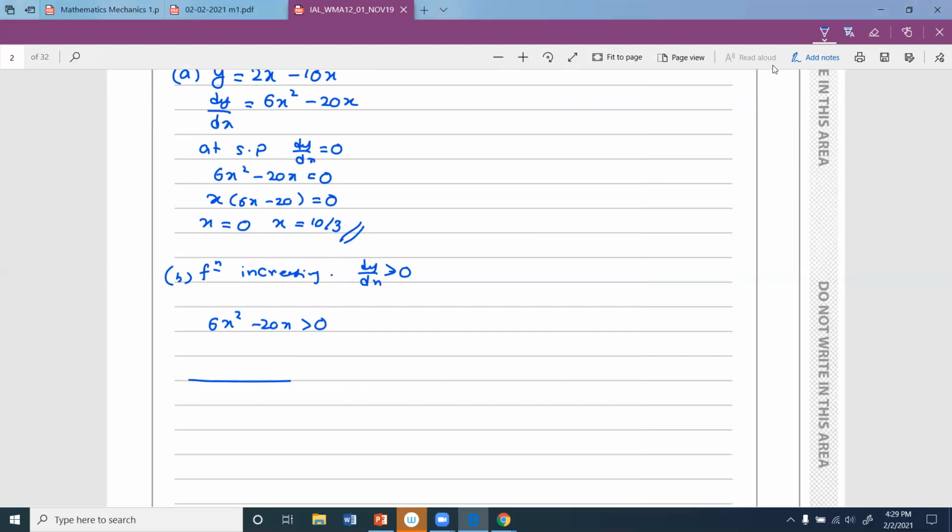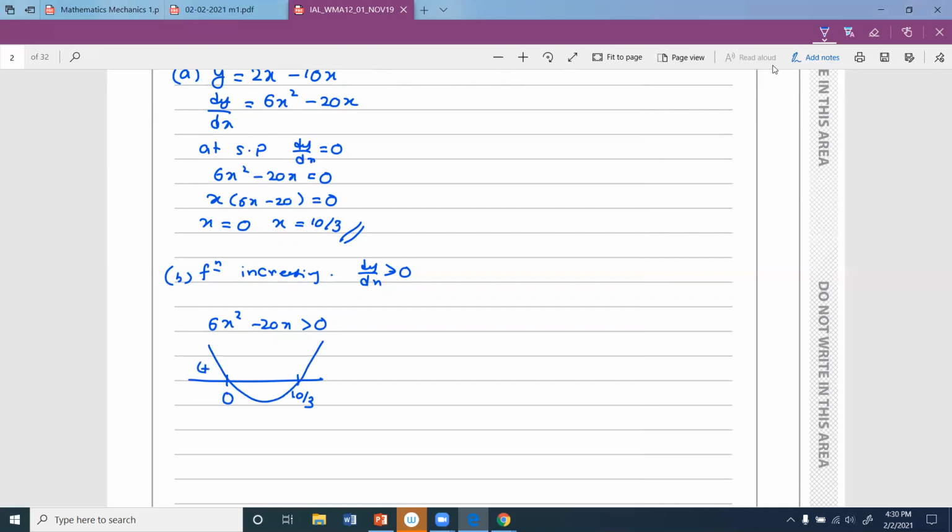From this part, we can equate it to 0 and obtain the values where it meets the x-axis: 0 and 10 over 3. Now you can understand that this quadratic is a graph with a positive coefficient of x squared. Therefore, it's a graph with a minimum.